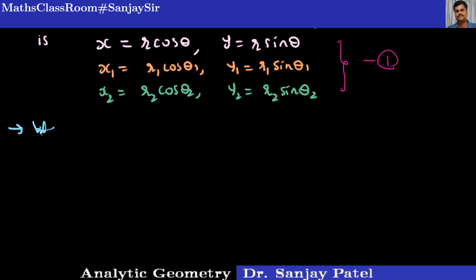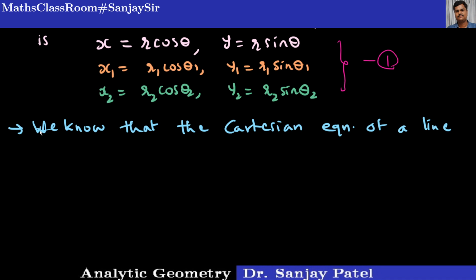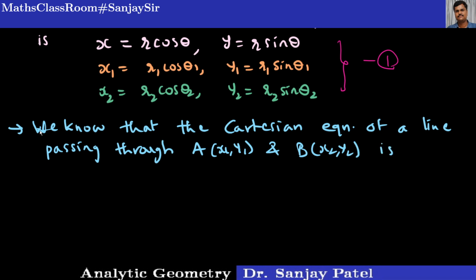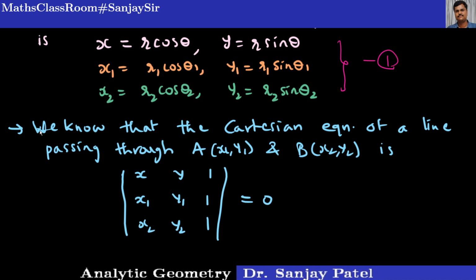So we know that the Cartesian equation of a line passing through A (x1, y1) and B (x2, y2) is given by the determinant of x y 1, x1 y1 1, x2 y2 1, and this determinant is equal to 0. So you know this equation.